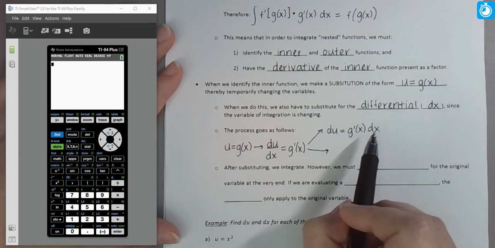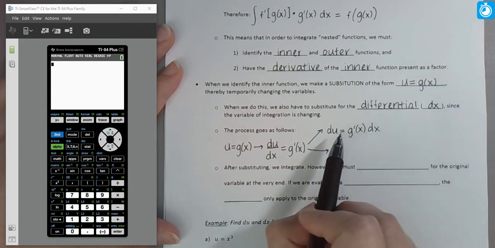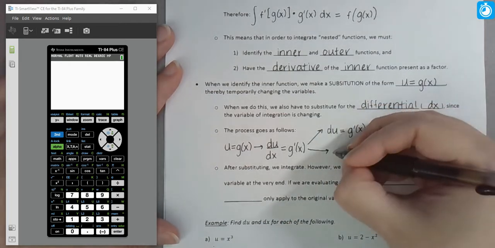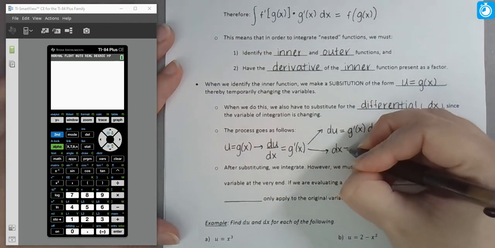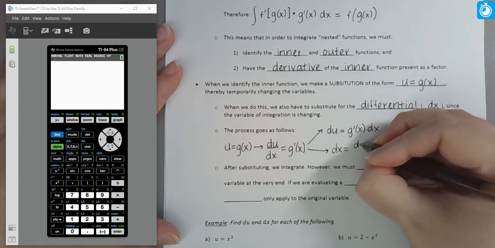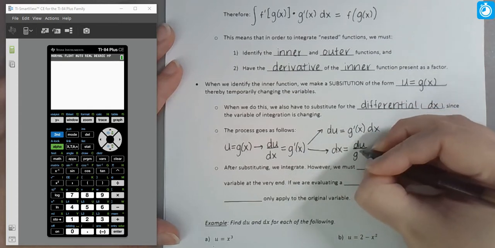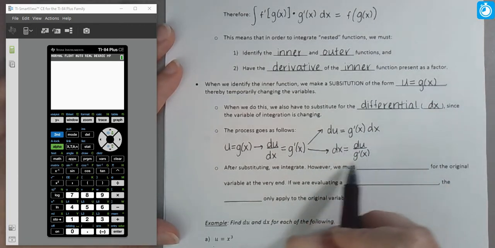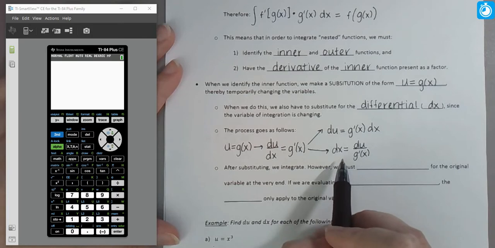So if we wanted to isolate dx, all we'd have to do is divide by g prime of x on both sides and move it over. So we would also get that dx is equal to du divided by g prime of x. And so this is ultimately how we're going to substitute for our differential.